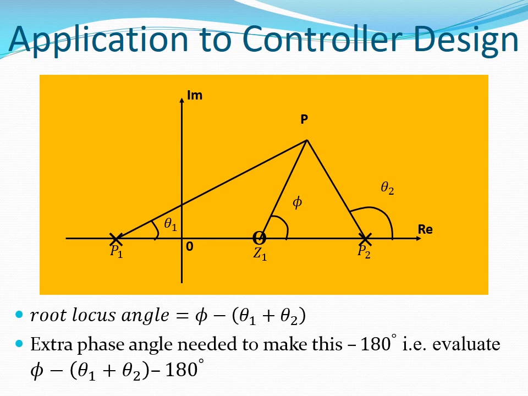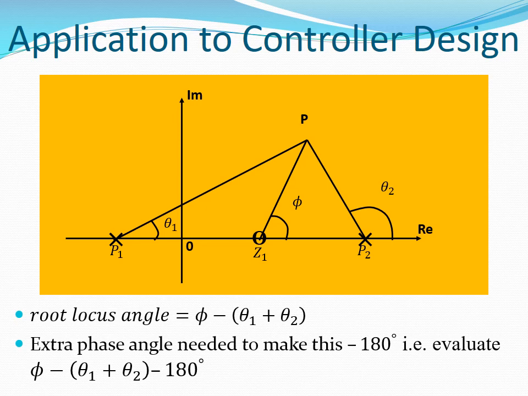In order for the system to meet the given performance requirement, the point P must lie on the root locus. In other words, the root locus angle must be equal to minus 180 degrees. To make this angle to be minus 180 degrees, we can add poles and zeros to the system.